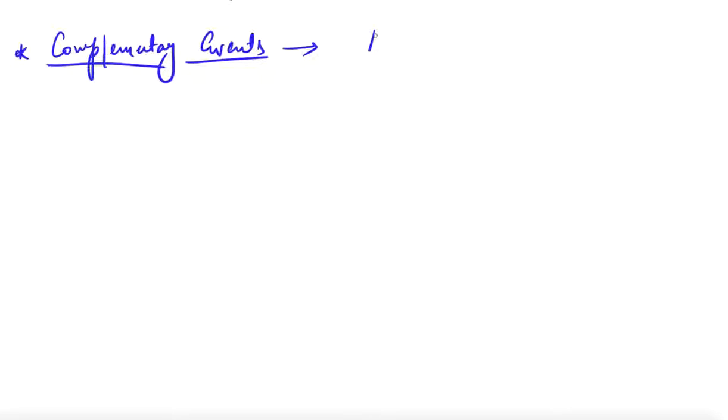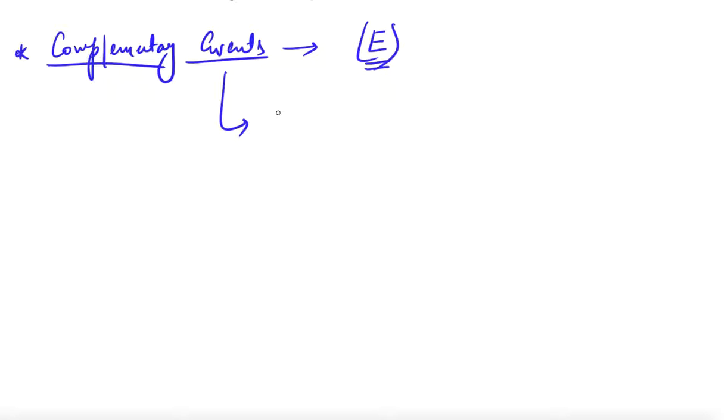Now let us go to the second definition that we want to learn, that is, what are complementary events. Suppose I am doing an experiment and I want event E to occur.